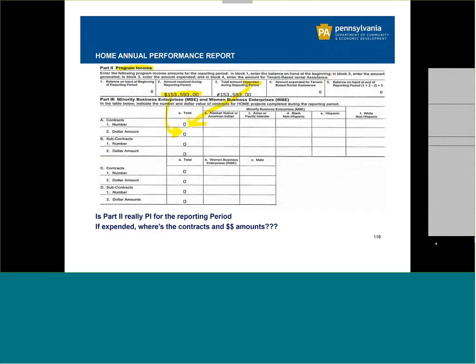If you have program income and you expended it in that reporting year, and emphasize that reporting year, you better have some contracts that you spent it on that equal the 153. So again, make sure things add up, because they're not when they're coming in.